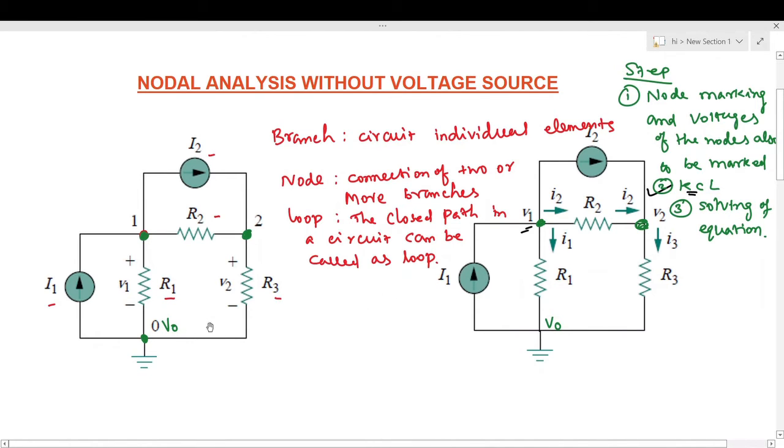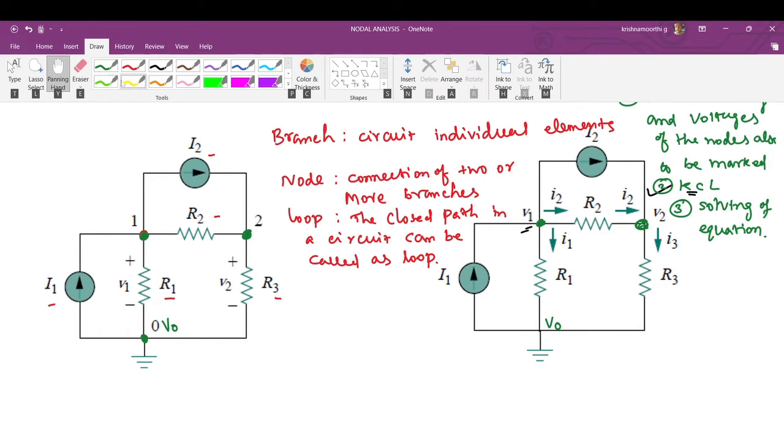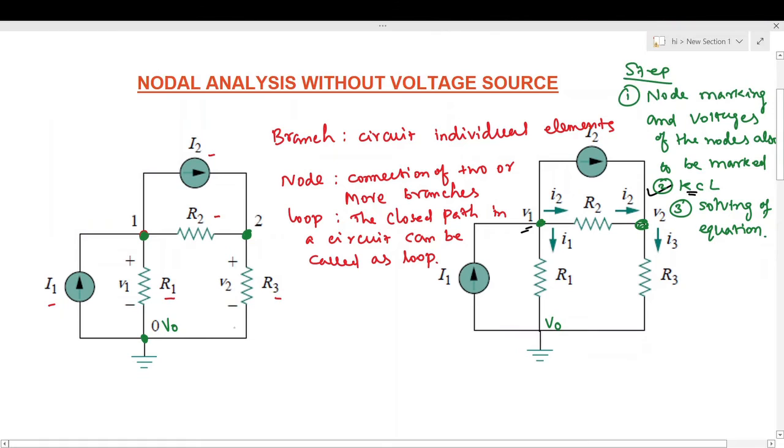Okay, now first we will apply KCL to node 1. At node 1, the incoming current is I1, that is I1 is coming to this node, and the outgoing currents are small i1, small i2 and capital I2.